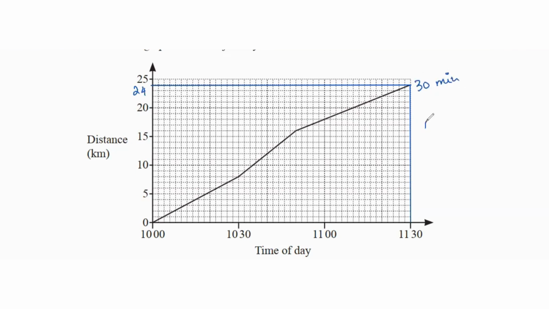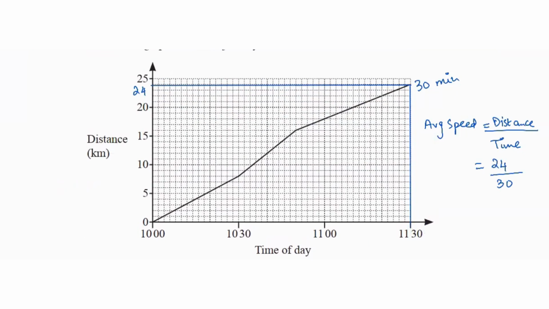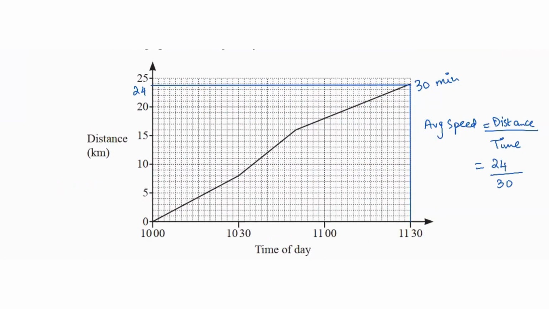So since we have to find the average speed, it is basically distance over time taken. So that's going to be 24 divided by 30. But since they're asking us the speed in kilometers per hour, let's convert the time into hours first.